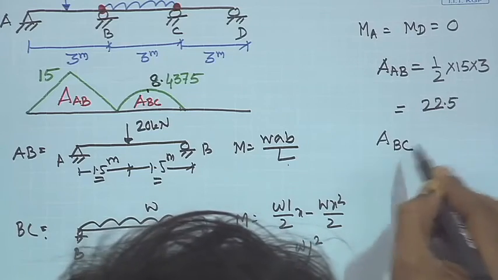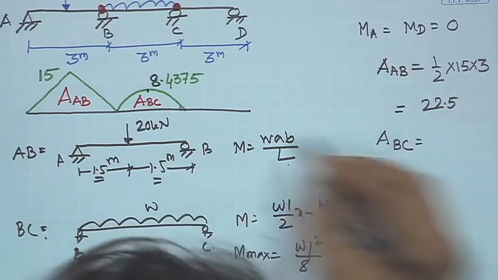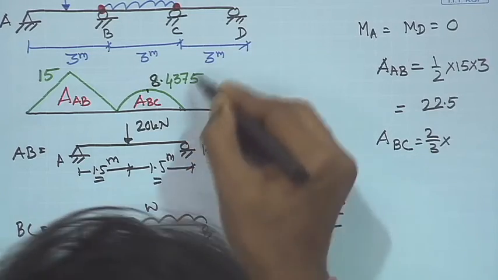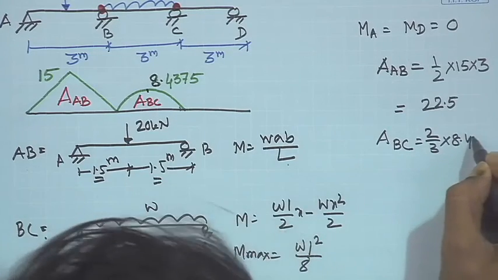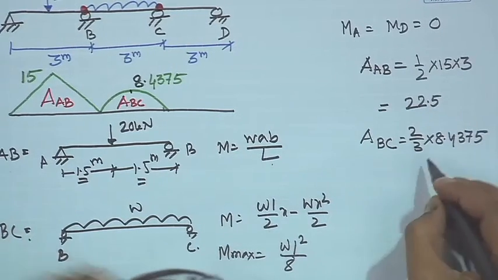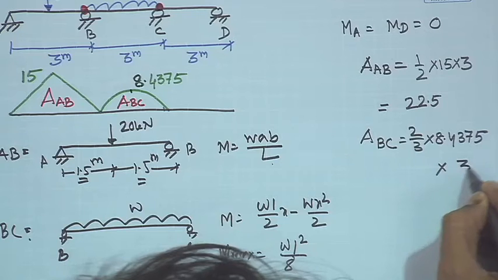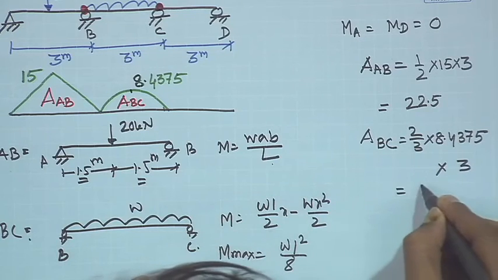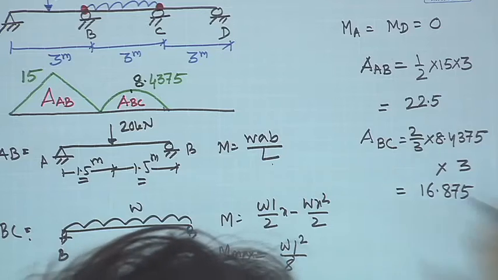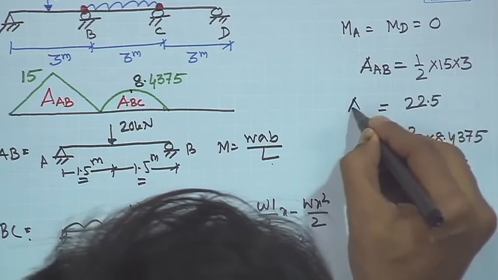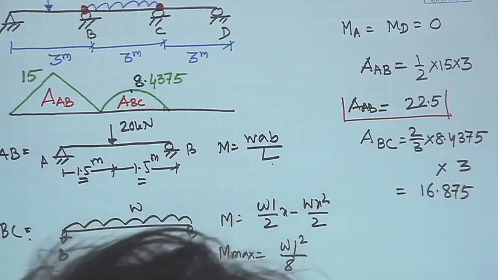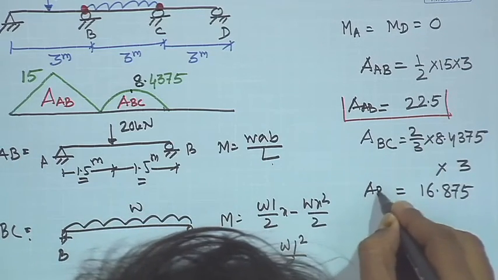Area BC is equal to 2/3 into this value 8.4375, and then into the length 3, which is 16.875. Okay. So, this is area AB. We will be using these values, and this is area BC.